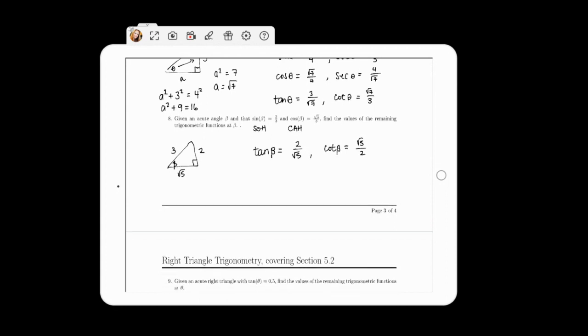And I know that the cosecant is the reciprocal of sine. And the secant is the reciprocal of cosine. Okay, so that is how I can get all of the values of all the trig functions of that angle.